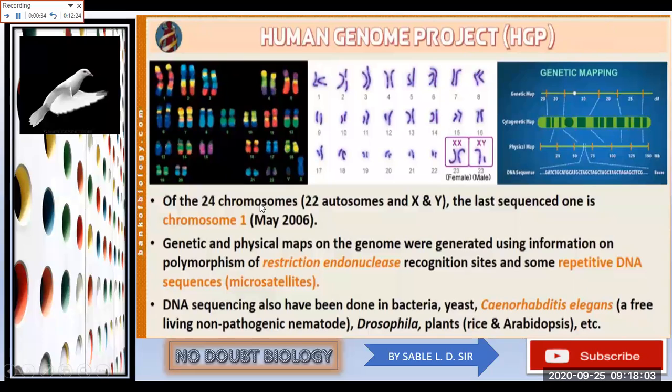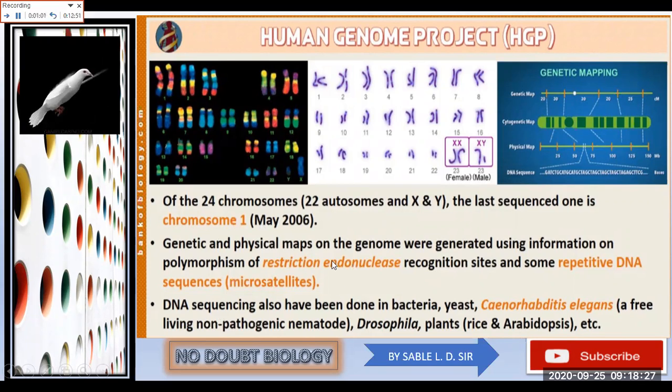The last sequence done was chromosome 1. It may have been studied in May 2006. So the last one was chromosome 1. Genetic and physical maps of the genome were generated using the information on the polymorphism of restriction endonuclease. So what is meant by restriction endonuclease?